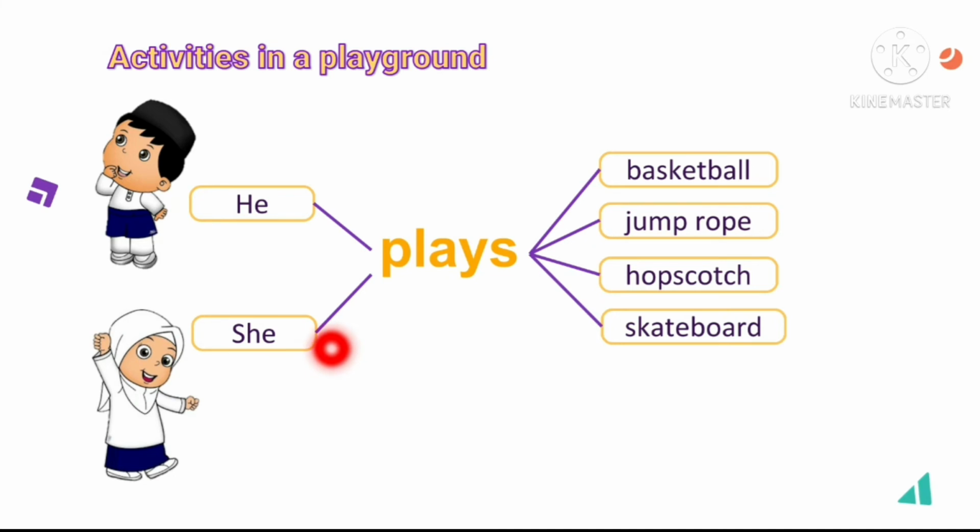If the subject is a girl or a female, we say she plays basketball. So instead of play, we add an S here. He plays and she plays. And then the objects. He and she.